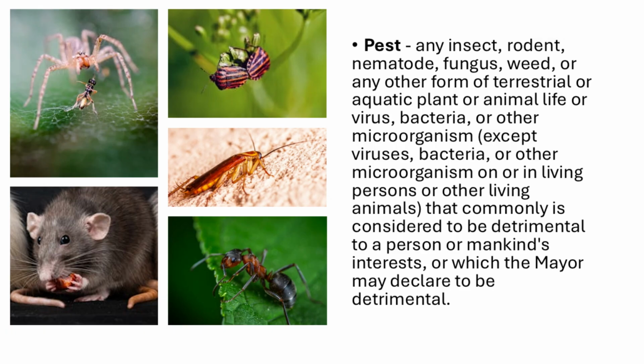Any insect, rodent, nematode, fungus, weed, or any other form of terrestrial or aquatic plant or animal life, or virus, bacteria, or other microorganism, except viruses, bacteria, or other microorganism on or in living persons or other living animals, that commonly is considered to be detrimental to a person or mankind's interest, or which the mayor may declare to be detrimental.